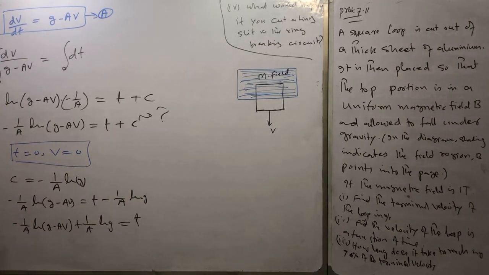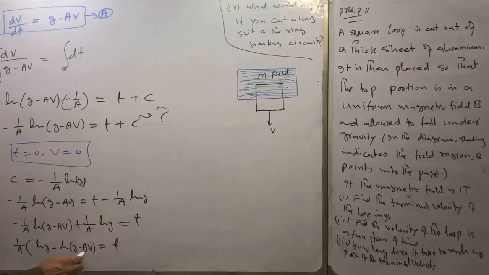We can take 1/a common, and after taking it common, we may write this as ln g − ln(g − av) = at.